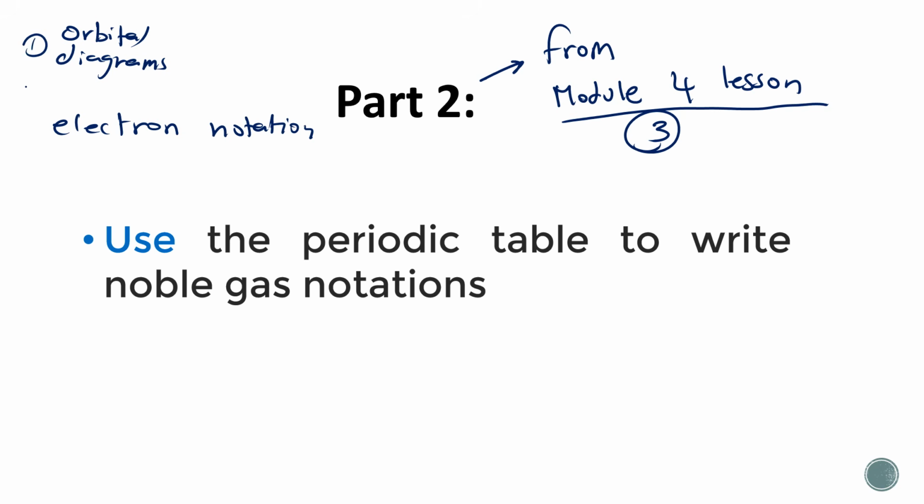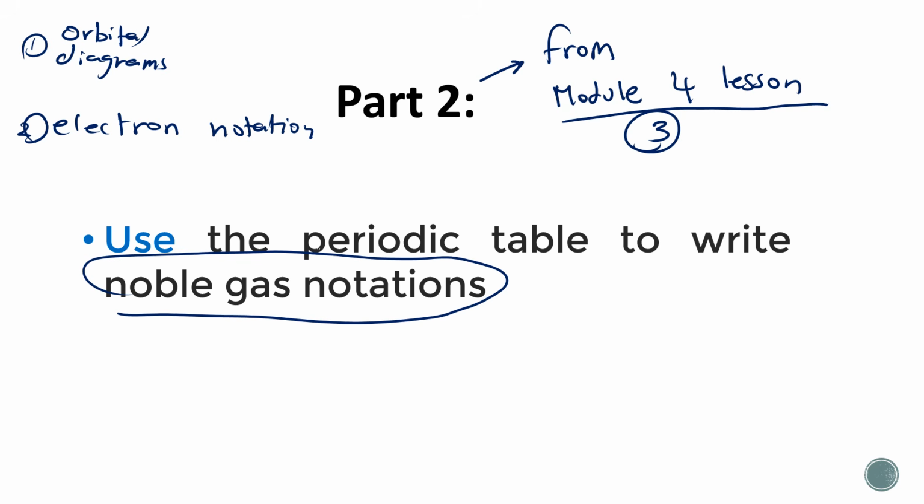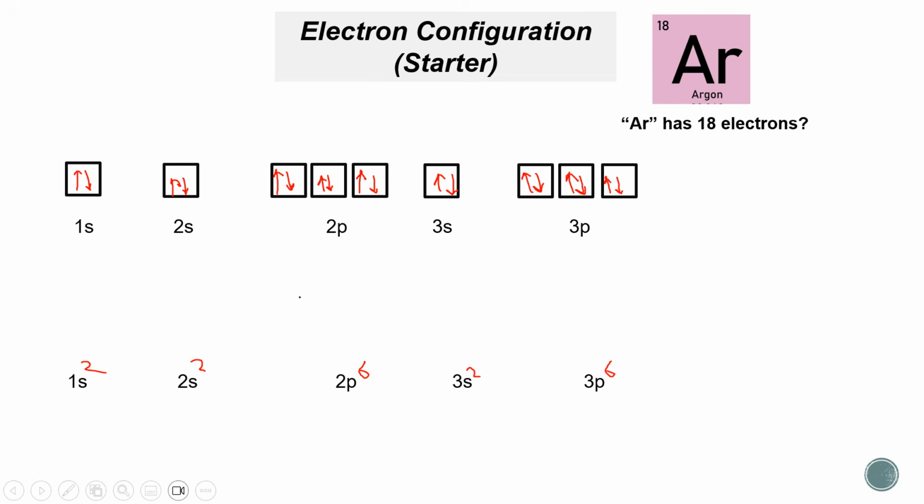We have actually something else. We have something called noble gas notations. This was in module 4, lesson 3, but I did not explain it because I wanted us to study the periodic table first, because we need the periodic table. So we will learn electron configuration using noble gas notations.